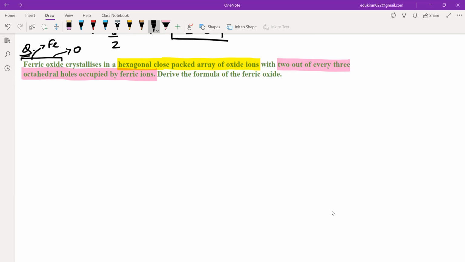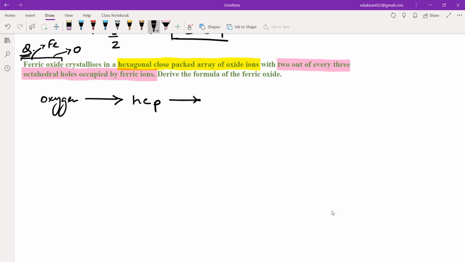So what they are saying about oxygen is that it is making the HCP. Yes or no? Yes, sir. Right. So oxygen is making HCP. And what is the Z for HCP? Tell me. What is the Z for HCP?